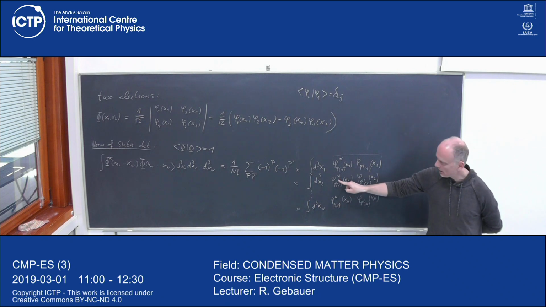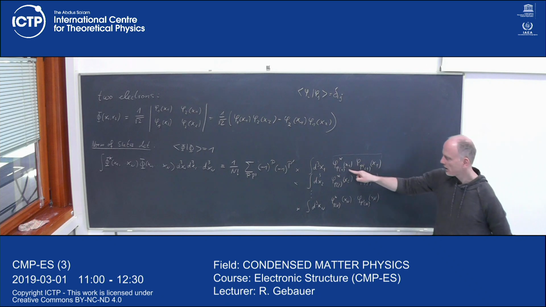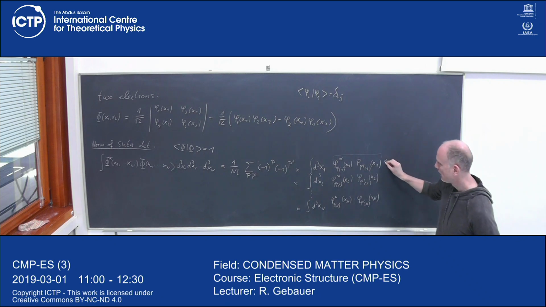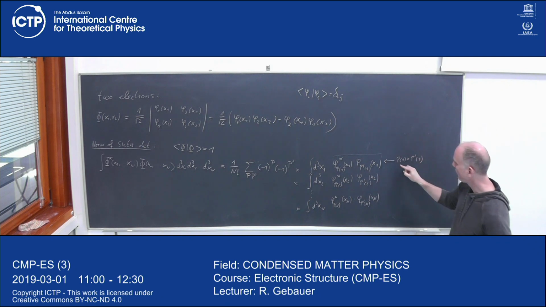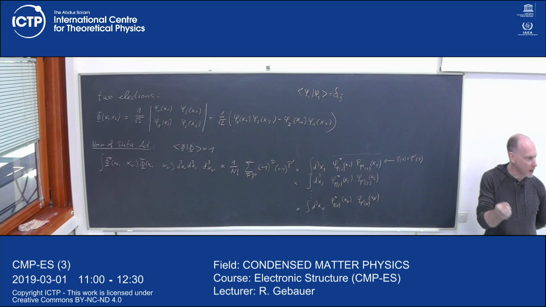In the same way, this here is different from 0 only if these are the same, and so on. So this tells us that we must have p of 1 is p prime of 1. So the two permutations must be such that in the first position we have the same index. The index does not need to be 1, but it must be the same index.